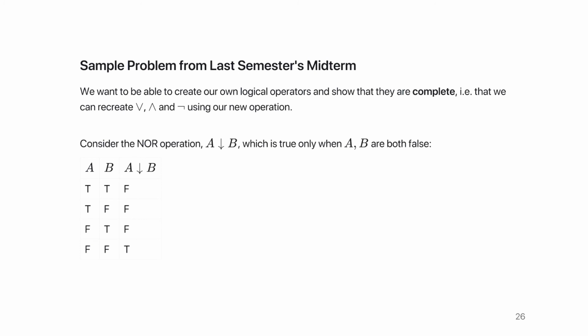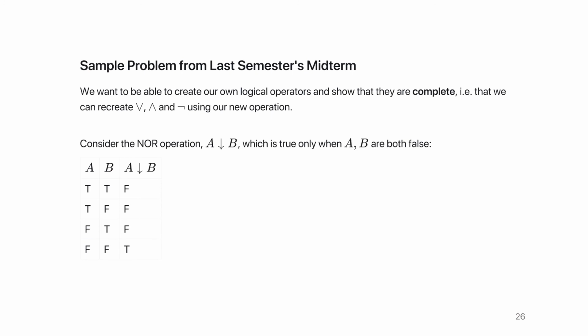So A down arrow B, which is true only when both A and B are false. Okay? So the way I'm defining it is that on all inputs other than false, false, this expression is equivalent to false. But when I pass in false and false, I get true. Okay? So that's how I'm defining my new operation. Is that clear? I'm creating NOR, and I'm saying this is the definition for it.